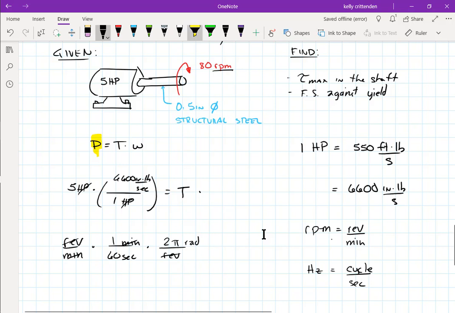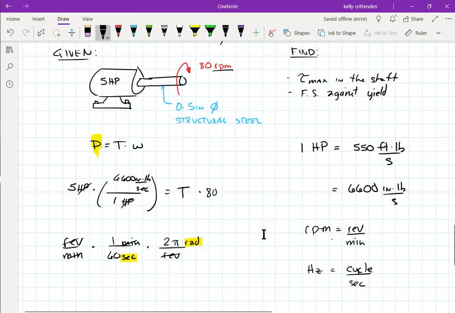Now I'm left with radians per second. So if I multiply 2 pi over 60 times my RPM, I'll convert to radians per second.